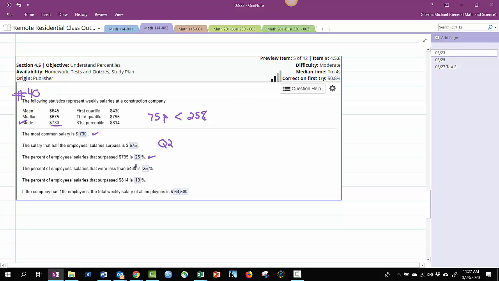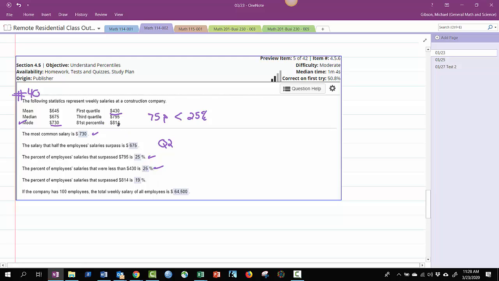Okay. All right. Less than 430. We come up here, 430 is the first quartile, right? It's the first quartile, so it's higher than the 25%, which is really the same way of saying that 25% are less than that. See, what they're doing here is they're flipping the words around. They're making us think a little bit about what the words mean. Percent of employees that surpassed 814.